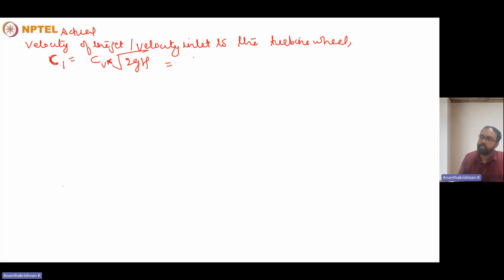So the coefficient of velocity CV is 0.97 and the corresponding velocity before the nozzle is represented in terms of root of 2gh. H is 480 meters. So using this, we'll get the actual velocity C1 as 94.13 meter per second.